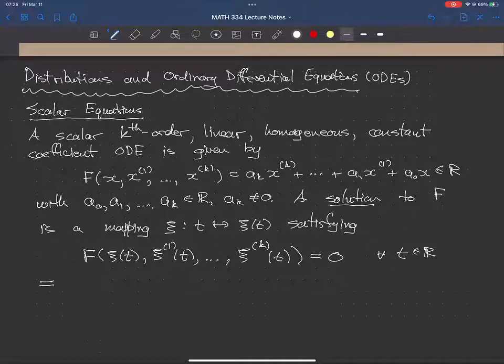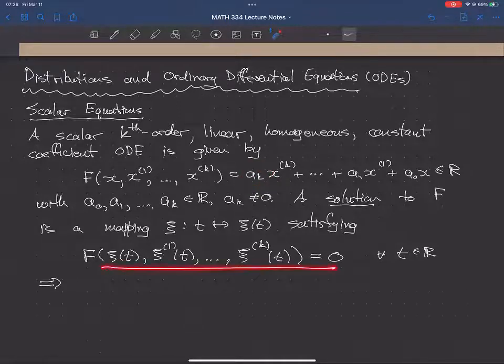And so, using the specific form of capital F, you see here that if you set this equal to 0, you could divide through by a_k, and therefore get the highest order coefficient to be 1 without loss of generality.